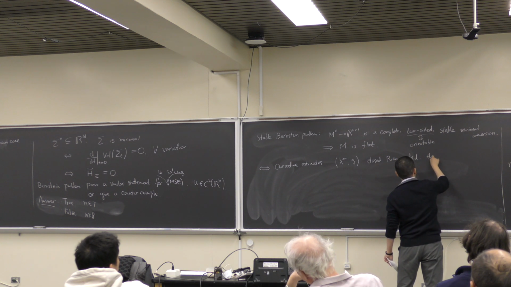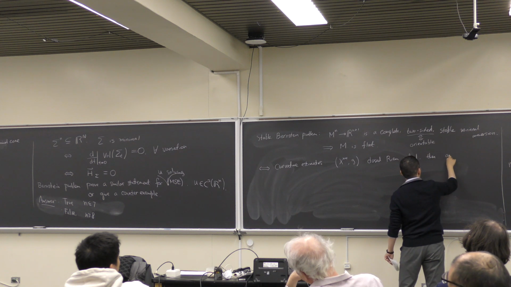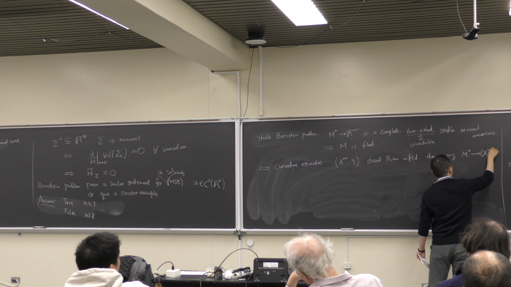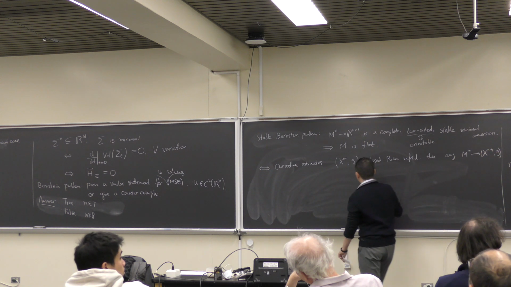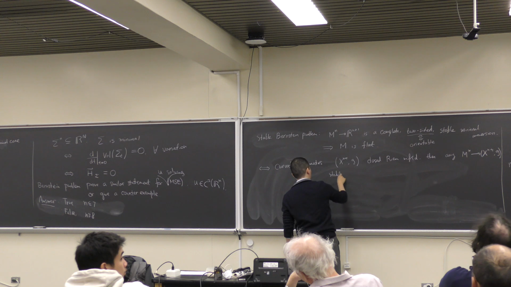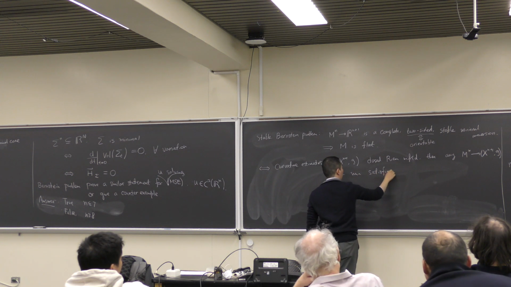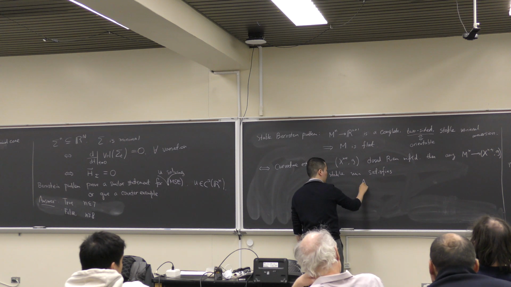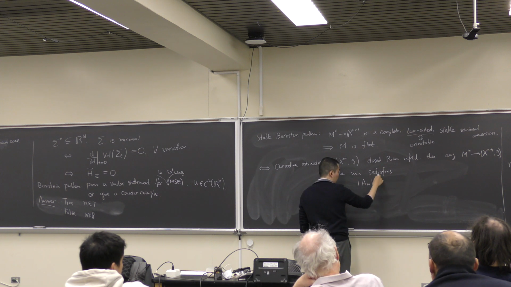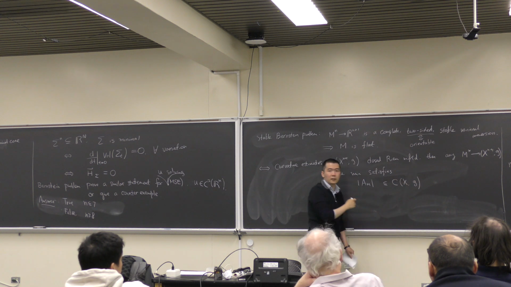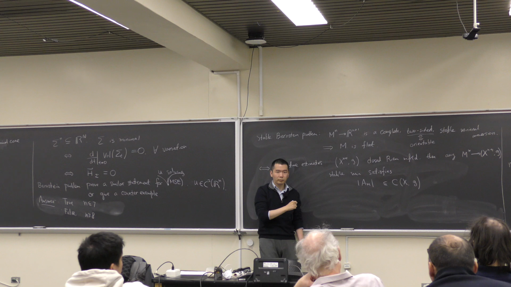Then any stable minimal immersion satisfies the a priori estimate that the curvature of this immersion at any point is less than or equal to some constant that only depends on the ambient space.